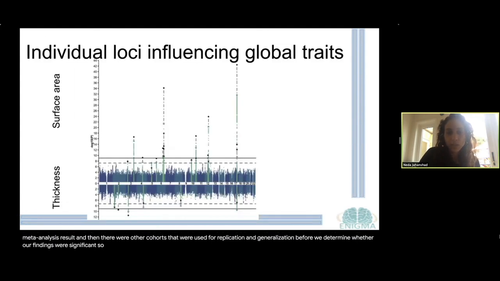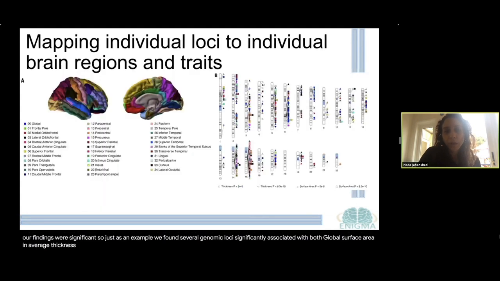Just as an example, we found several genomic loci significantly associated with both global surface area and average thickness. And we were also able to map specific genetic loci to specific regions of the brain.